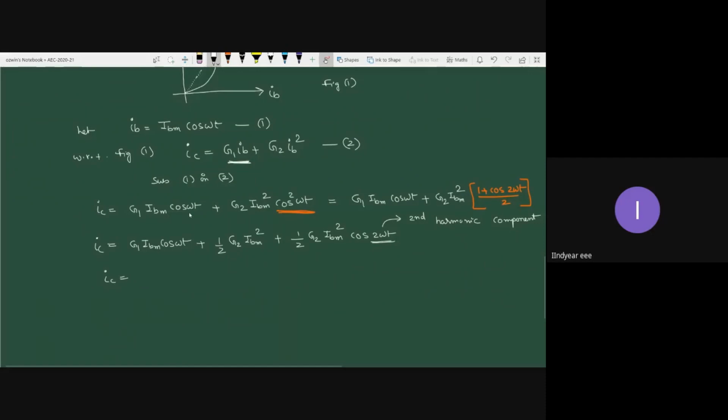Now let me highlight. This term, let me take as some B1, and this term, which is independent of frequency, let me take as B naught, and this term, let me take as some B2.